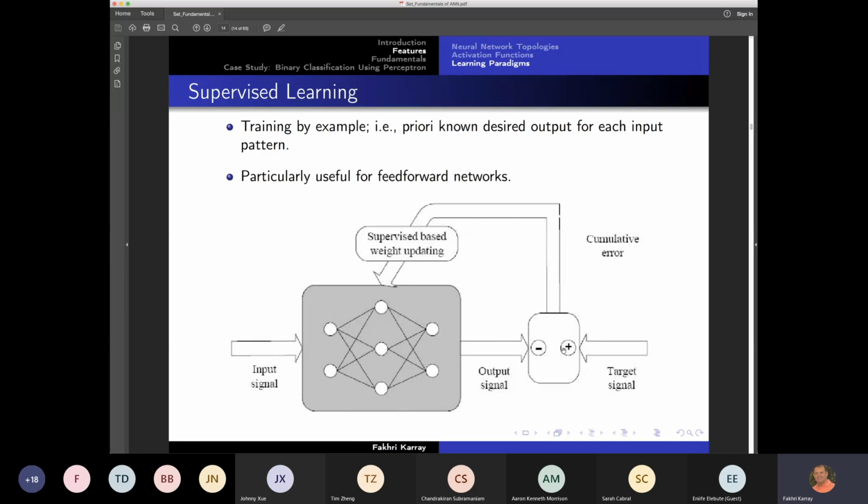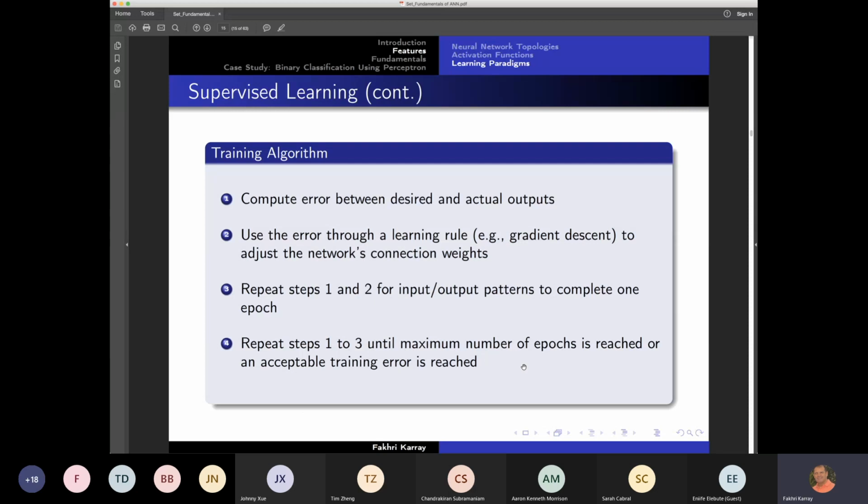So we would like this error to be minimized starting from a certain level. We would like it to shrink more and more until it becomes below a certain threshold, which gives you the optimal value of the weights. And I say the word optimal because we are going to utilize an optimization process in that particular system.